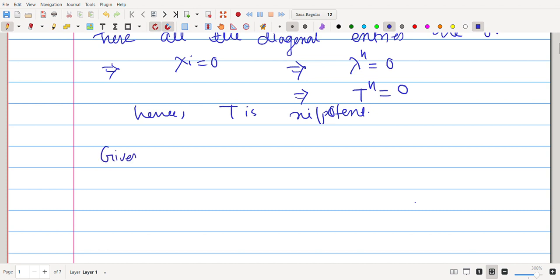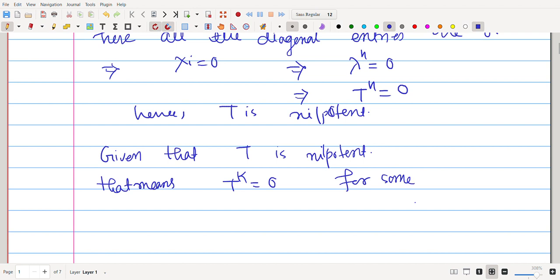Given that T is nilpotent, that means T power k equals 0 for some k. Clearly, determinant of T power k is 0.